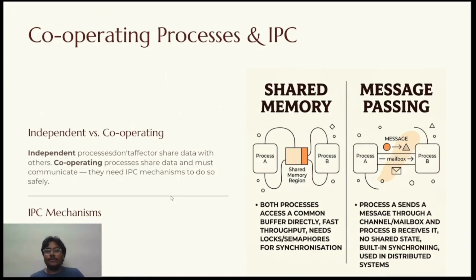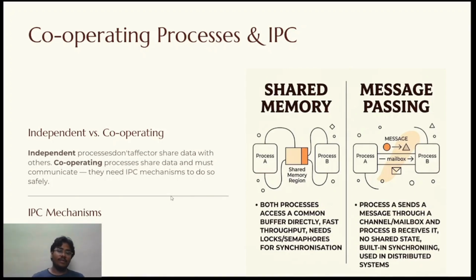Now moving on to IPC. Let's talk about the interaction between processes. Some processes are independent or cooperating. Independent means no interaction with anything, and cooperating means sharing data. For cooperation, we use IPC. There are two main methods: shared memory and message passing.